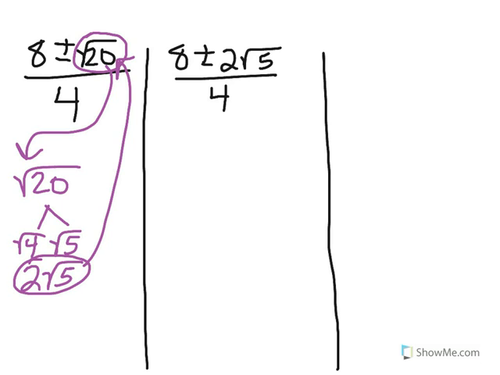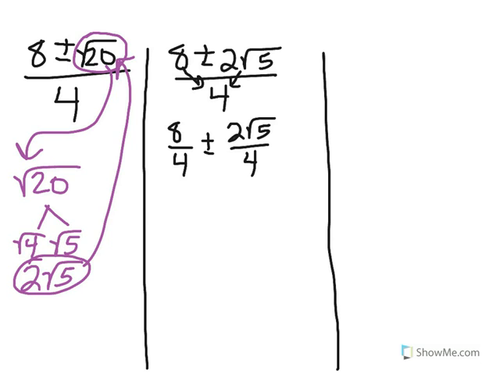If I've got all this stuff divided by 4, I could make this 8 fourths plus or minus 2 times the square root of 5 fourths. It's okay to take the numerator and break it up into 2 pieces with adding and subtracting, and they both have a common denominator. They both have 4 as their denominator.